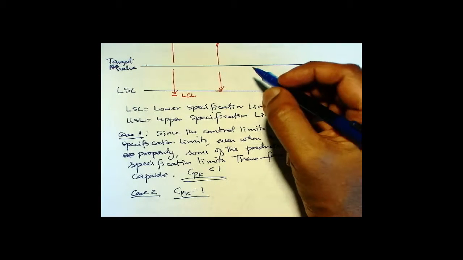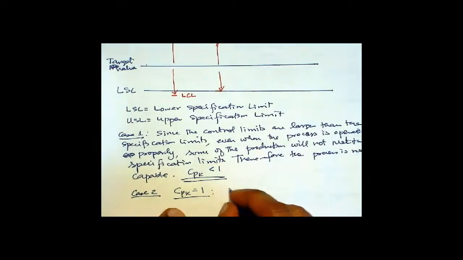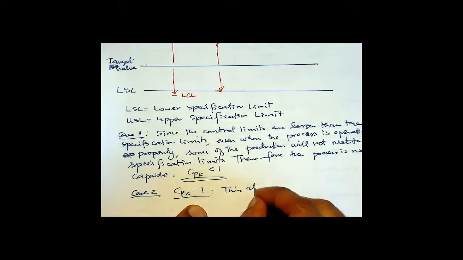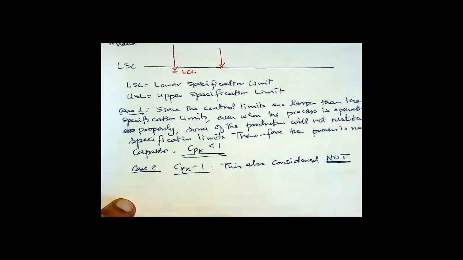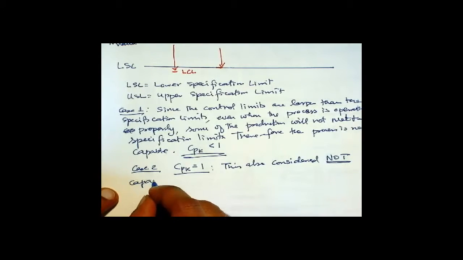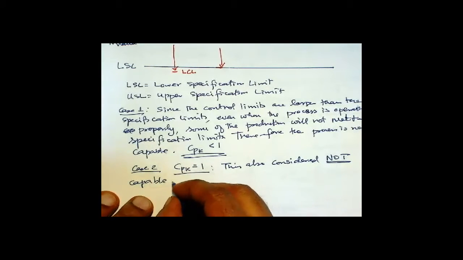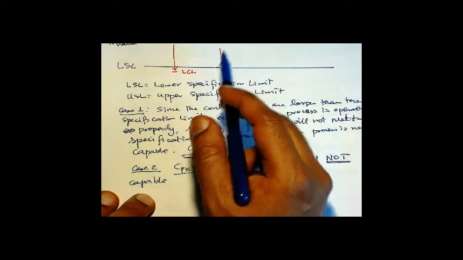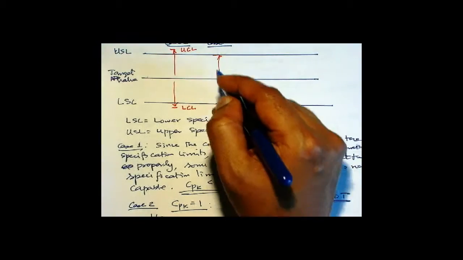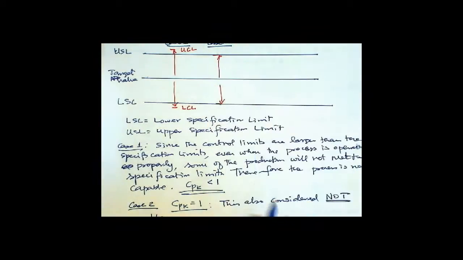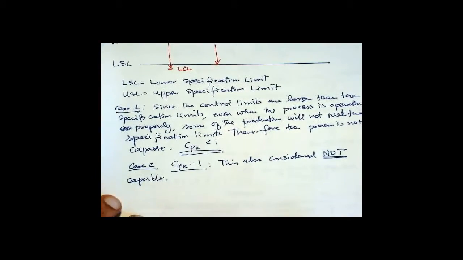Now this is also considered not capable because this is a statistical measure. So just because it is exactly meeting or exactly equal to the specifications, you cannot guarantee that there may not be any problems with the products that are produced by this process.